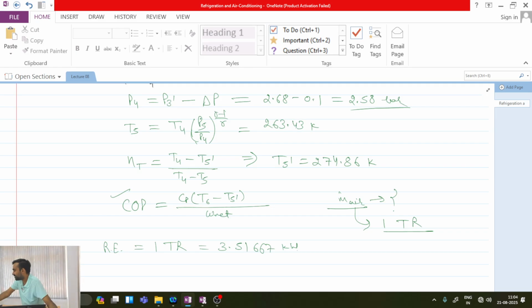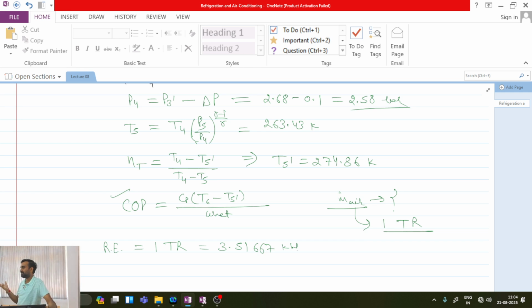What is the refrigeration effect? Refrigeration effect is how much heat is taken by air in the cabin. If you see, as per our cycle diagram, the air was entering the cabin at a temperature of T5 dash, and it was leaving the cabin at a temperature of T6. So it means heating of the cooling air has taken place from point 5 dash to 6.